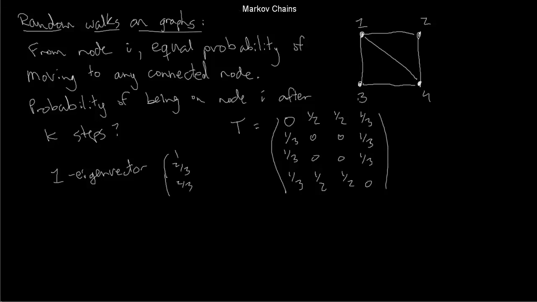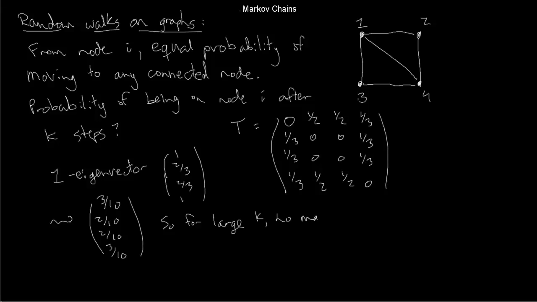So it turns out that this matrix is regular, and it has a 1 eigenvector, given by that formula, 1, 2/3, 2/3, 1, which, if you want, you can scale into a probability vector, 3/10, 2/10, 2/10, and 3/10, which you interpret as saying that for large k, after a ton of steps, after 10,000 moves, it didn't matter where you started, there's a 30% chance, approximately, that you will land on node 1.